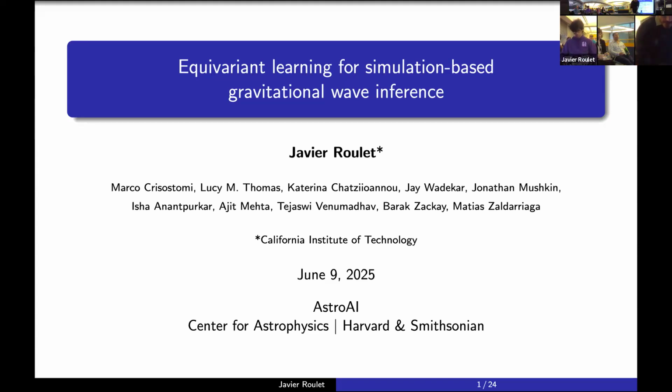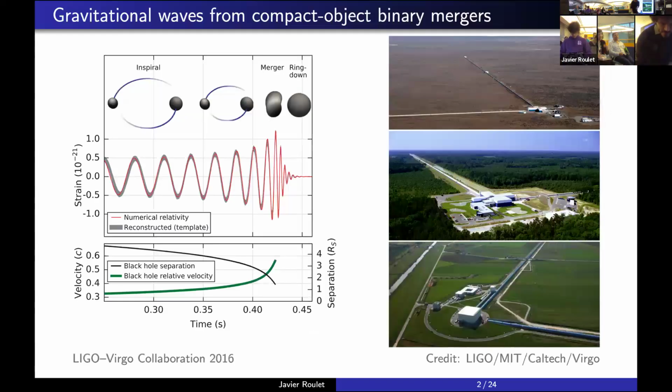Just a brief introduction about gravitational waves, so that we are all on the same page. When we have two compact objects in a binary orbiting each other, such as black holes or neutron stars, that has a time-varying quadrupole moment, and this causes gravitational wave radiation to leave the system.